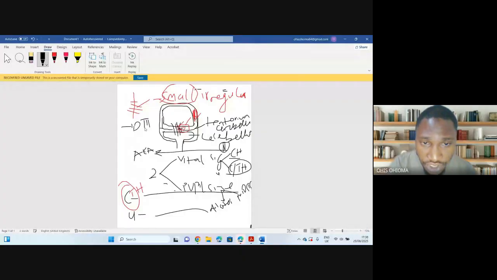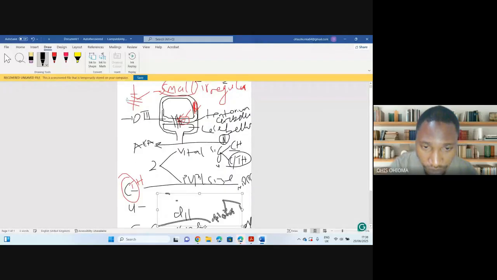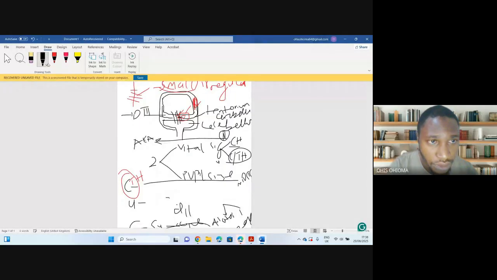So what does this patient present with? The patient will present with ipsilateral dilated pupils. That's what the patient will present with when there's an uncal herniation.